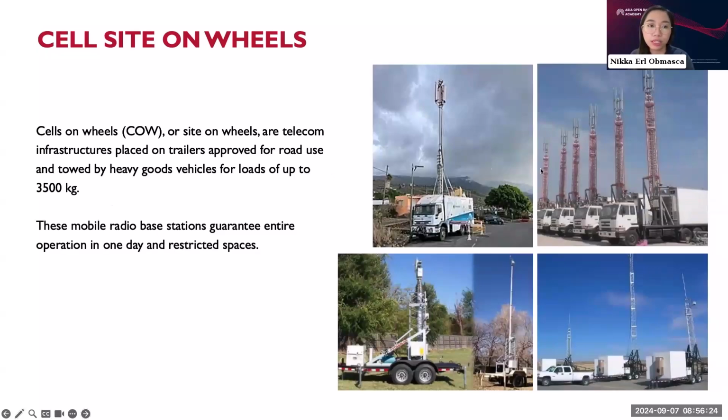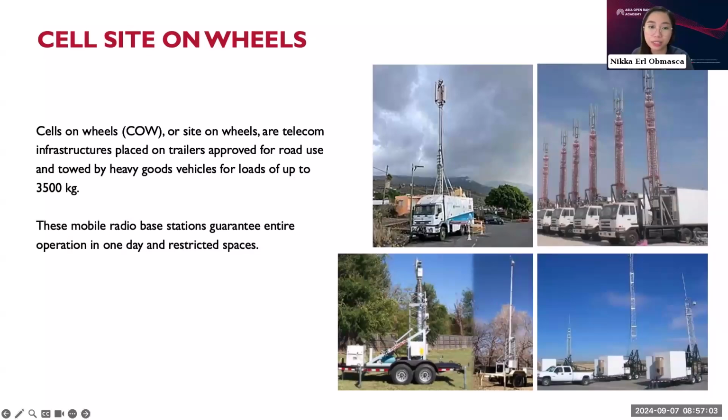So, usually, ginagamit natin tong mga cell site on wheels kapag may mga events like concerts and other big events na kailangan ng maraming pagse-servan or maraming users pero hindi kayang pag-servan ng mga nag-e-exist na mga network providers. So nagde-deploy sila ng mga RAN especially kapag mas massive na or marami na talagang tao especially sa mga concert and other events sa mga open areas.